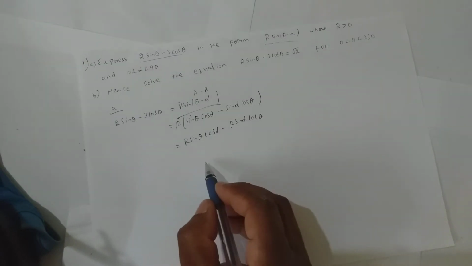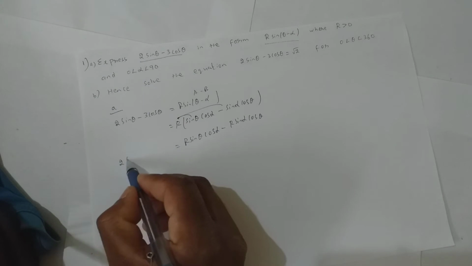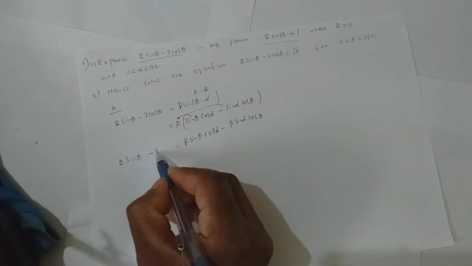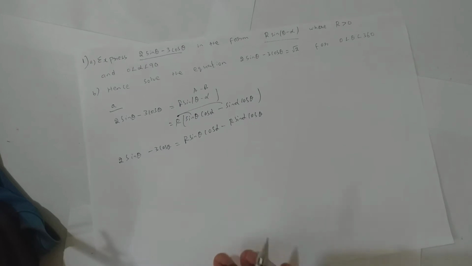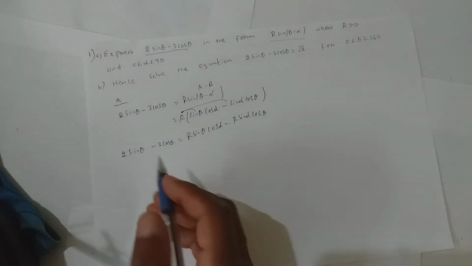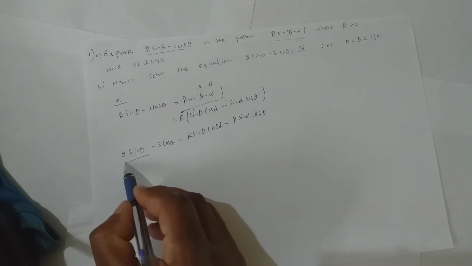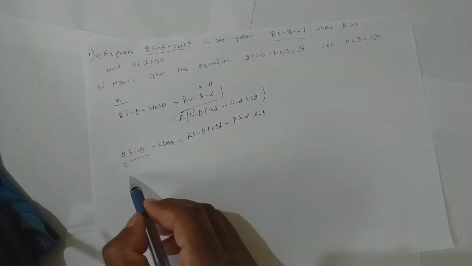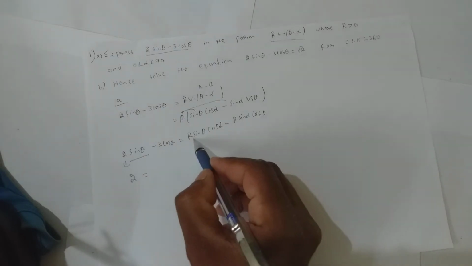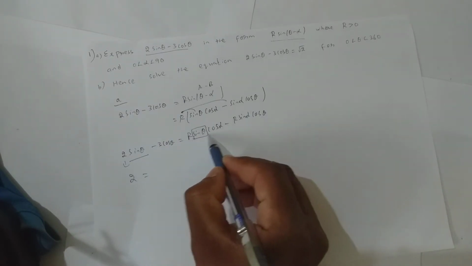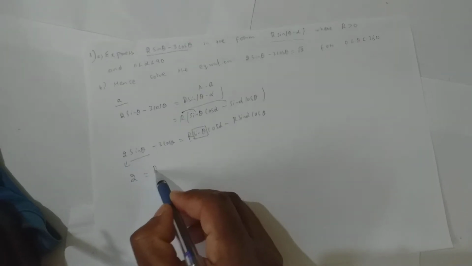And on the other side, what do you have? You have 2 sin theta minus 3 cos theta. What did we do in completing squares? We compared. Here also we need to compare. Before sin theta, what do I have on the left-hand side? 2. On the other side, before sin theta, what do I have? Here it is sin theta, so the left-out part is r cos alpha.